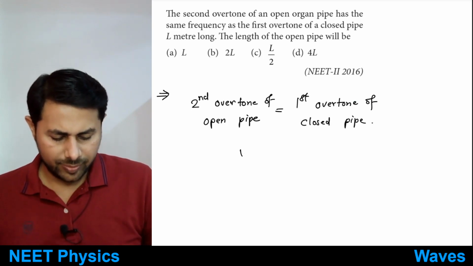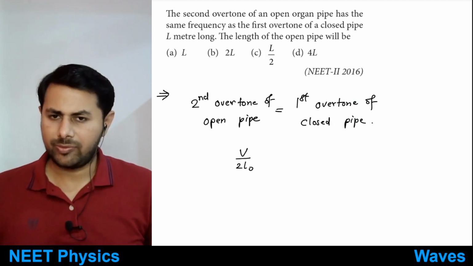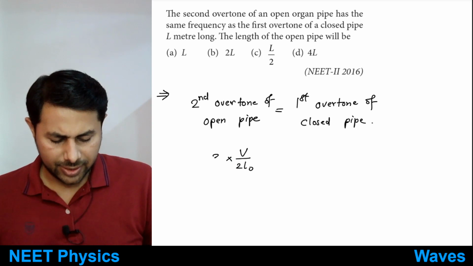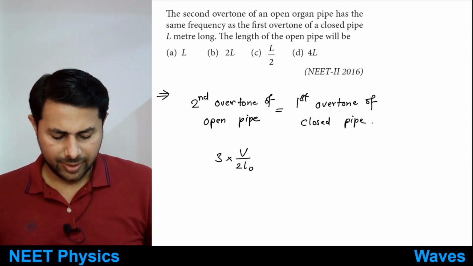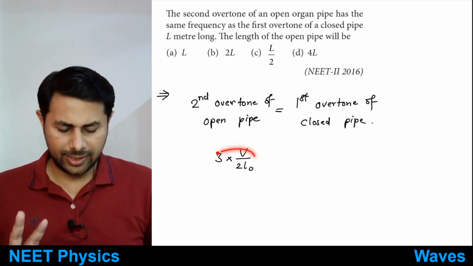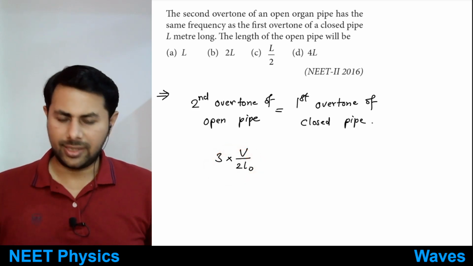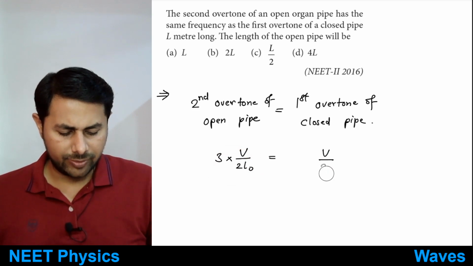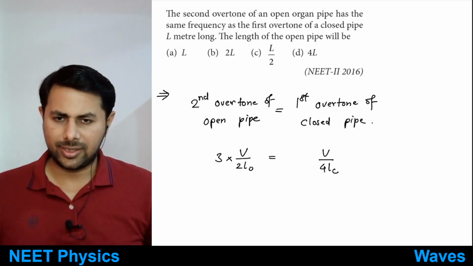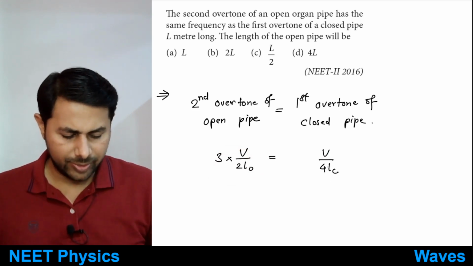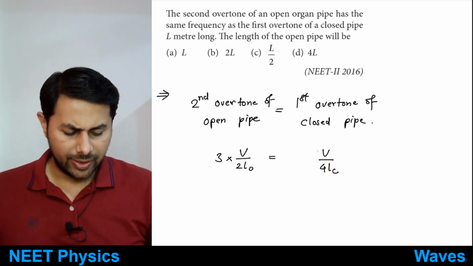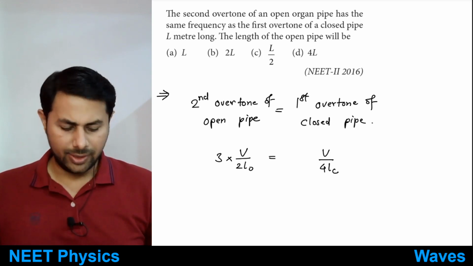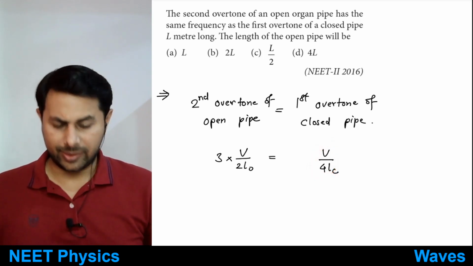Here the frequency of the fundamental mode is V by 2L, and the second overtone is just 3 times that. The first overtone is 2 times in case of an open pipe, the second overtone is 3 times. And here the frequency of the fundamental mode is V divided by 4LC, C for the closed pipe, and the first overtone itself is thrice. There is no even harmonic, right?